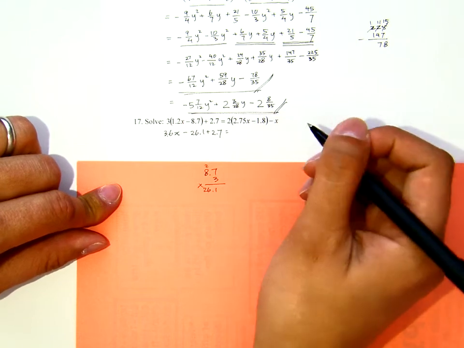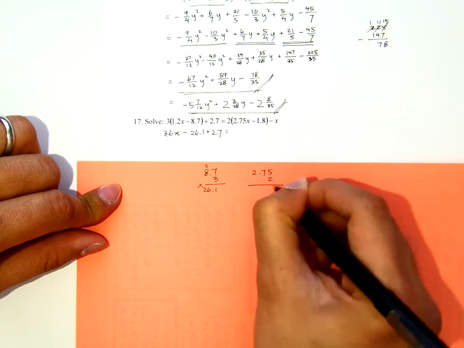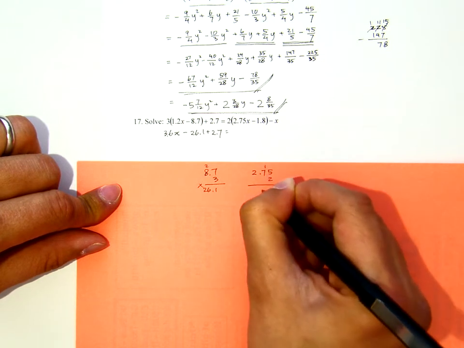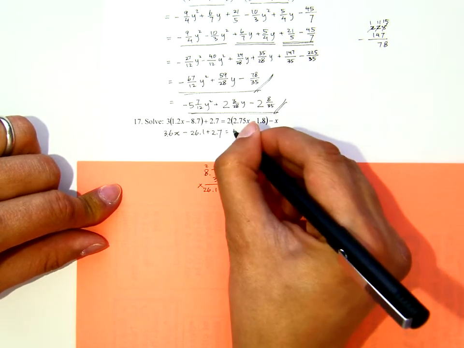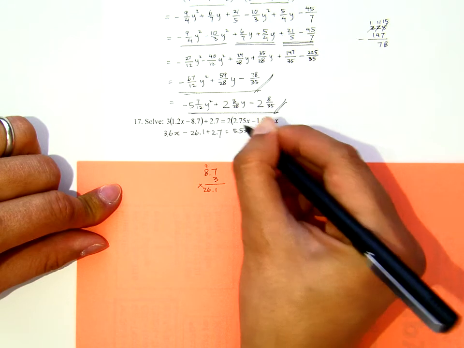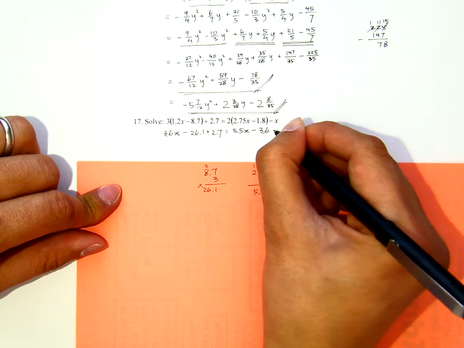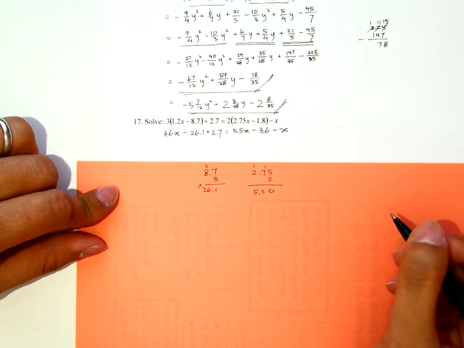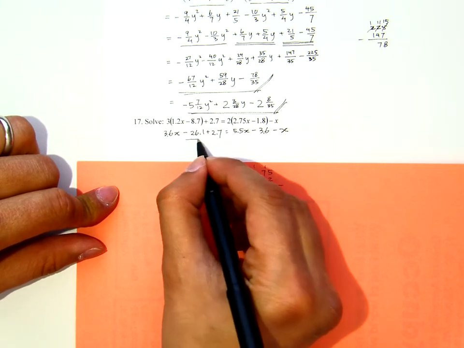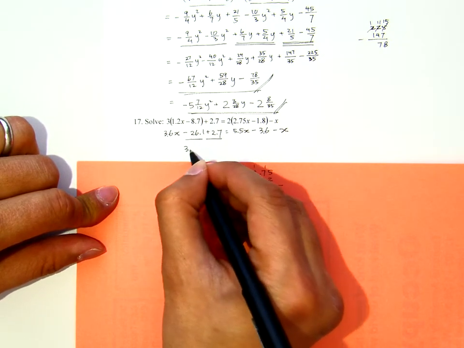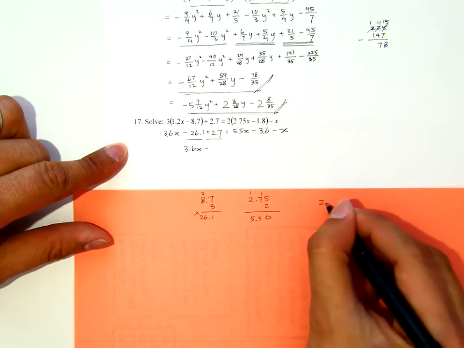you don't need to distribute. On the right hand side of the equal sign, 2.75 times 2, 5.50 or just 5.5x, minus 2 times 18 is 36 with 1 decimal place, minus x. Now from here I will combine like terms on each side. For example, on the left hand side I will combine this guy and that guy. It's 3.6x minus, different signs, so I subtract.